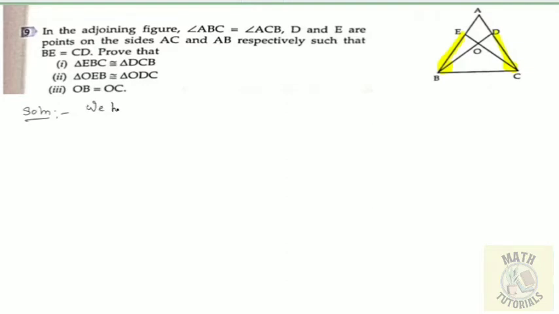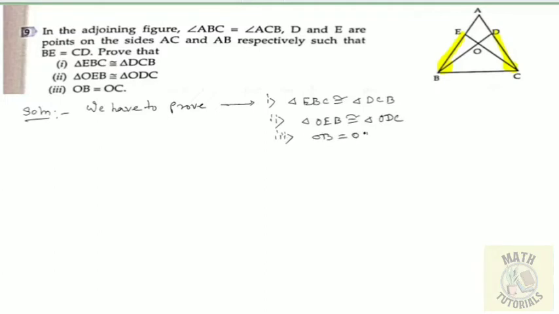We have to prove number 1, triangle EBC congruent to triangle DCB. Number 2, triangle OEB congruent to triangle ODC. And number 3, OB is equal to OC. Let's start the proof.